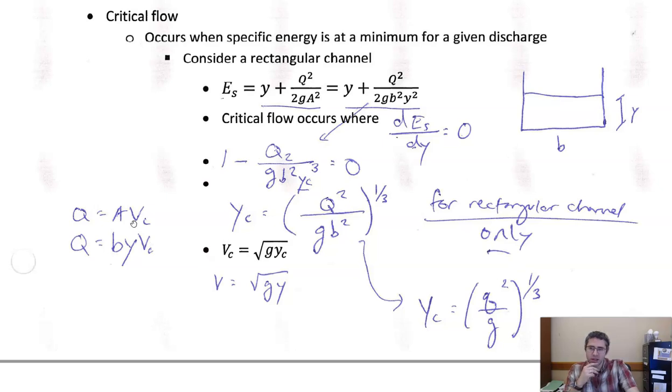So then, recognizing that Q equals A V sub C, where V sub C is the critical velocity. So since there's a critical depth, there's also a critical velocity.